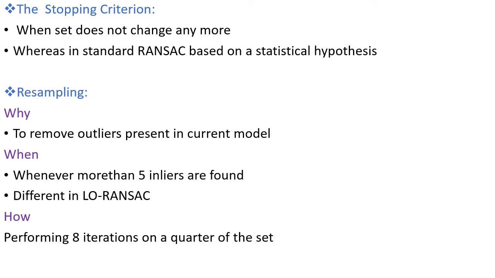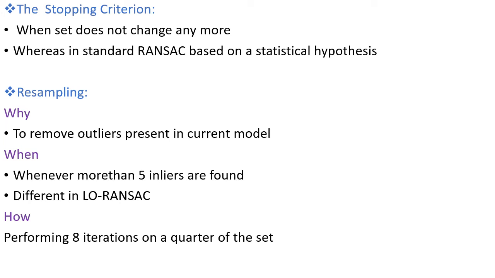But here it is applied when the inliers are more than 5. How it is applied is by performing iterations. Here the number of iterations is 8 on a quarter of the set, whereas in LO RANSAC there are 10 iterations on half of the set.